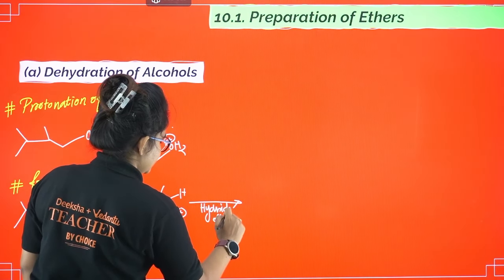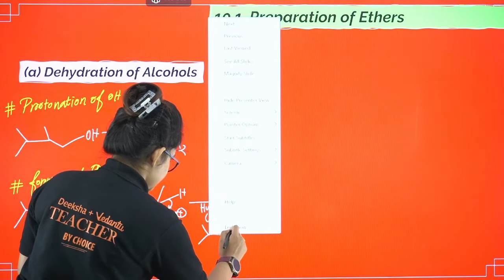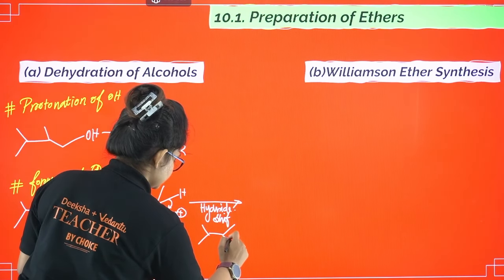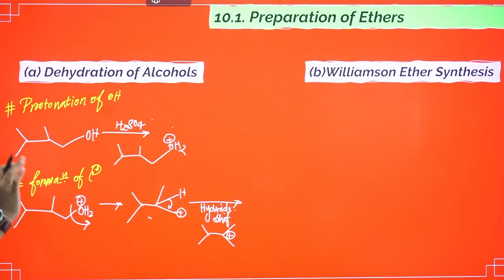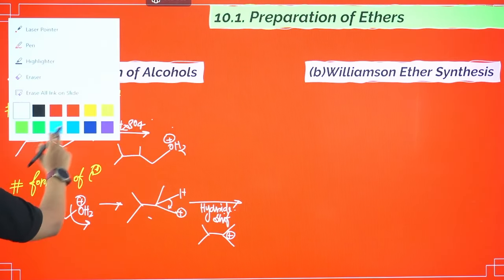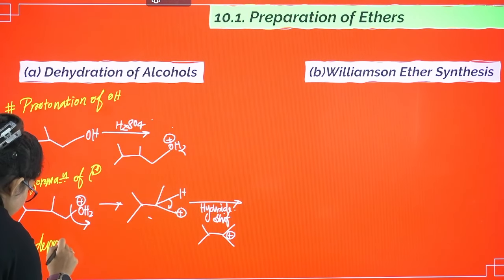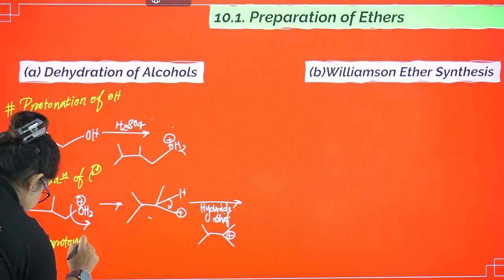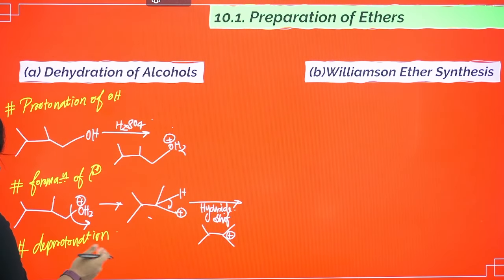One hydride shift will give the carbocation some more stability, hence you will end up with this type of system. This carbocation is comparatively more stable because it is tertiary, right? Now let's proceed with the last step, that is deprotonation. So from there we will start.